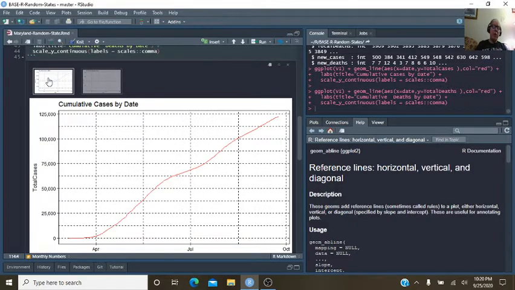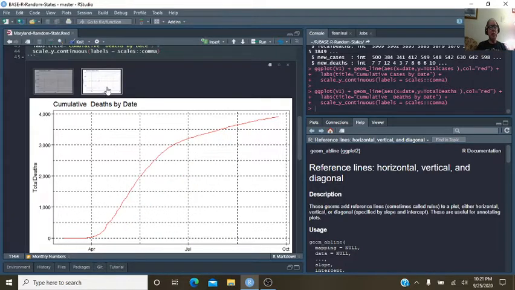So if you're a gloom and doomster, if you want to say we could have done better, well, even if we'd done better, this plot may not change, because if the rate of increase remains the same, even if the numbers shrink, the line is still going to go up. So here's the cumulative cases for Maryland, and here's the cumulative deaths for Maryland.